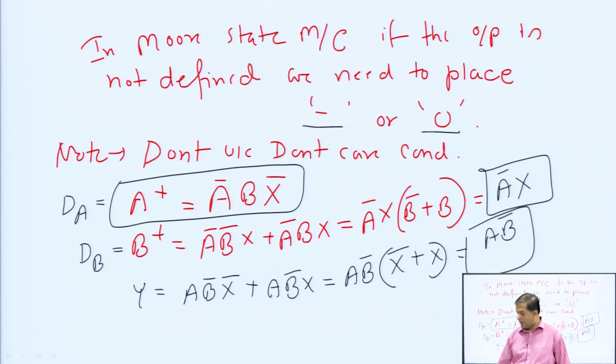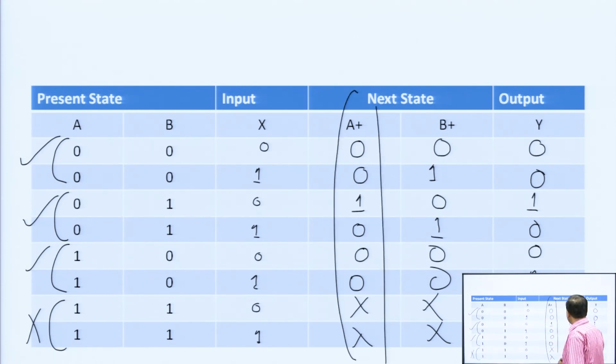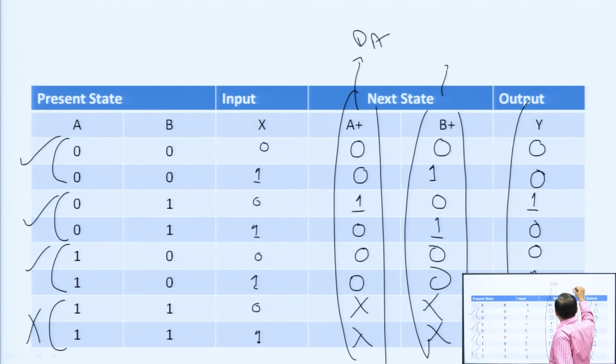Clear? So, now further steps are there, we have to make the K map, one K map for A plus, one K map for B plus and one for Y. This is nothing but the input to dA, this is nothing but the input to dB and this is for Y. Okay.